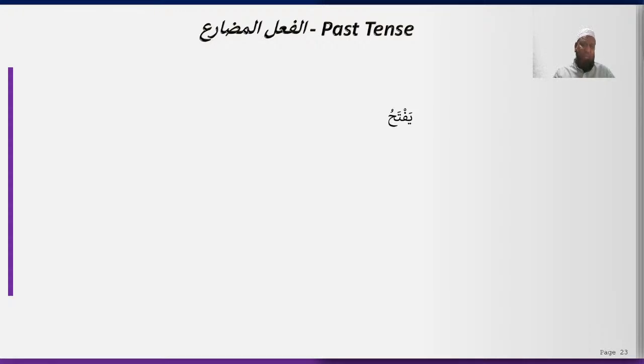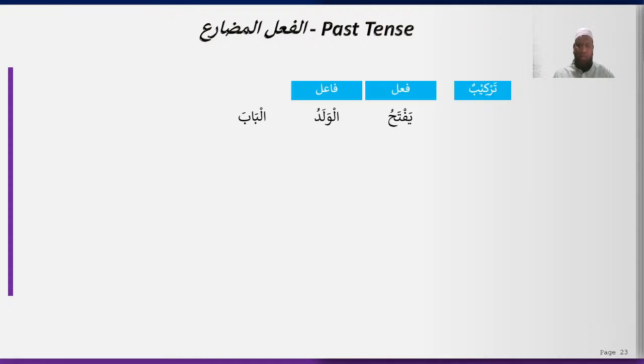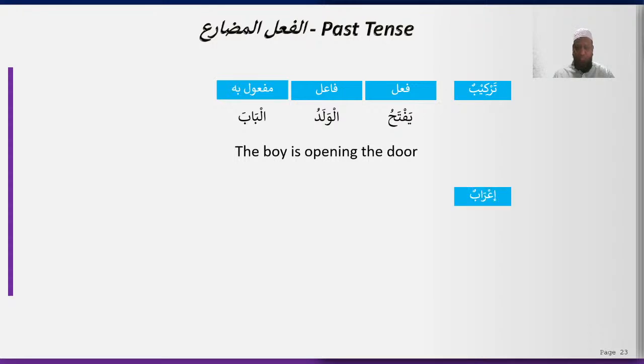If we don't have ism dhahir, the damir will be the fa'il jawazan. Yaftahu al-waladu. Yes, we have ism dhahir in marfu case, that is the fa'il. Yaftahu al-waladu al-baba. Fa'il, maf'ul bihi. The boy is opening the door.